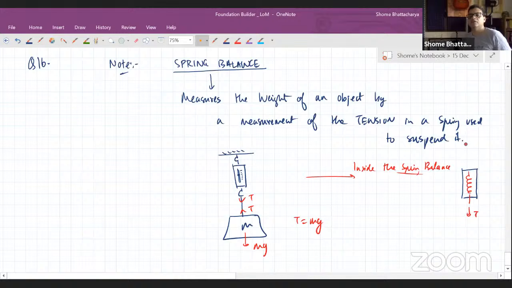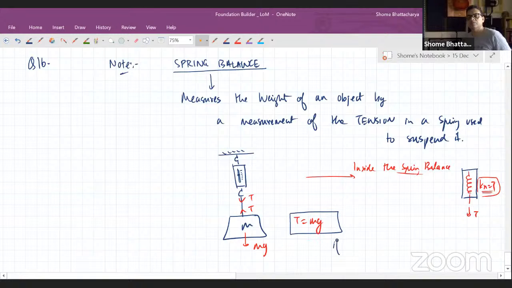So kx is equal to T. By measuring the extension of the spring, it is measuring the tension. So ultimately the spring balance measures the tension equal to the weight.